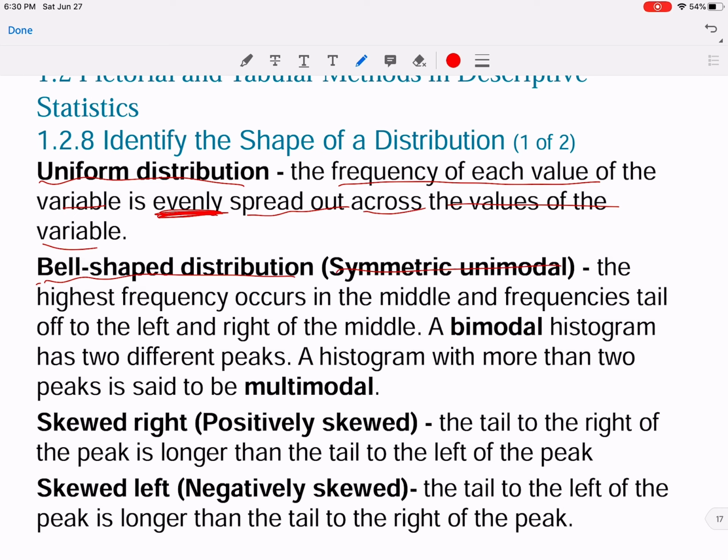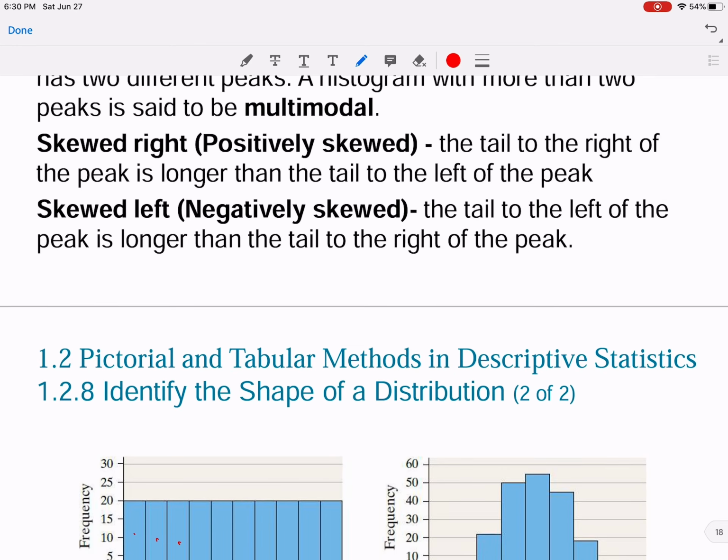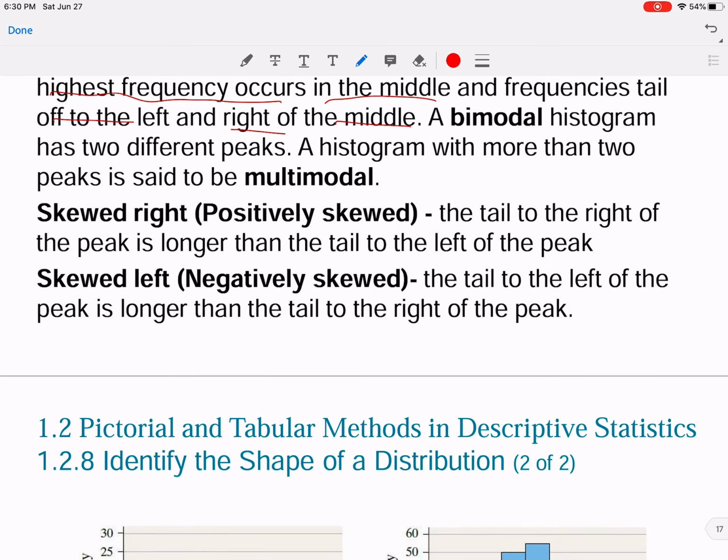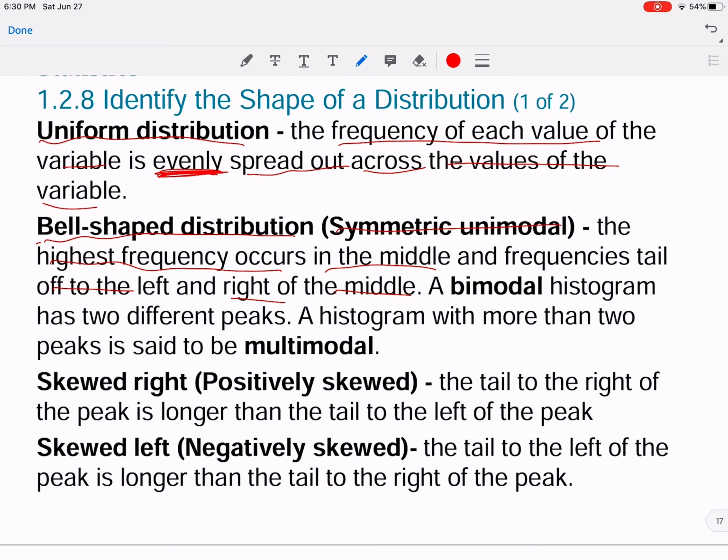The highest frequency occurs in the middle, and the frequencies tail off to the left and the right of the middle. Now let's take a look at the graph here. Now we can tell the highest occurrence occurs in the middle, and it tails off to the left and to the right of the middle.